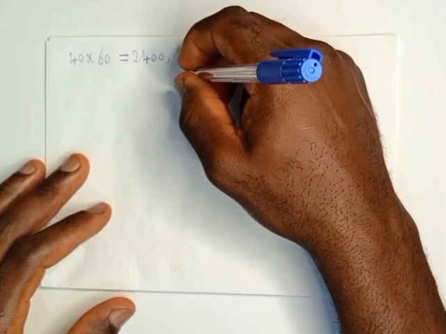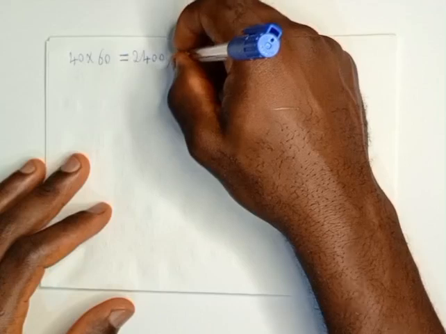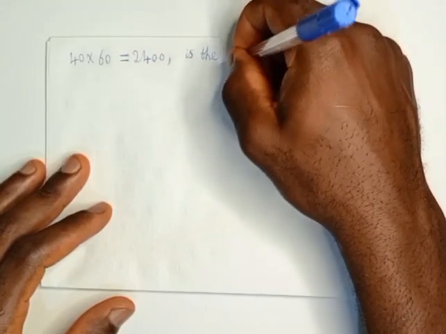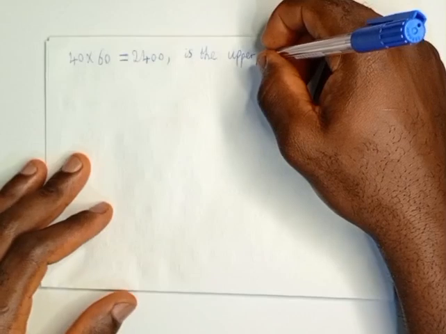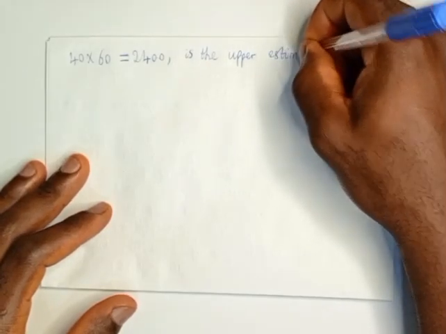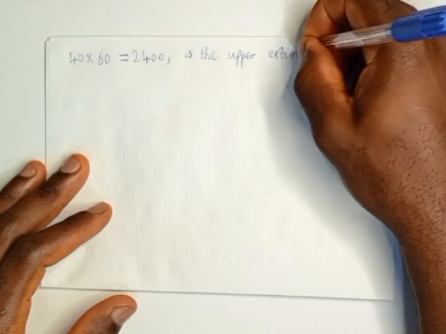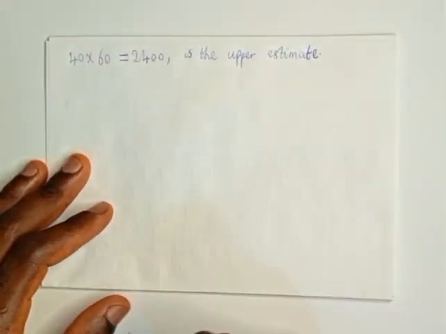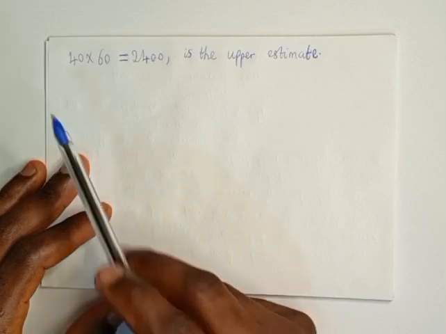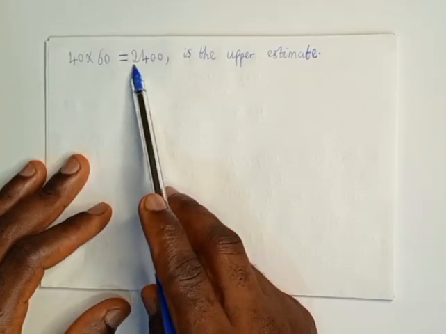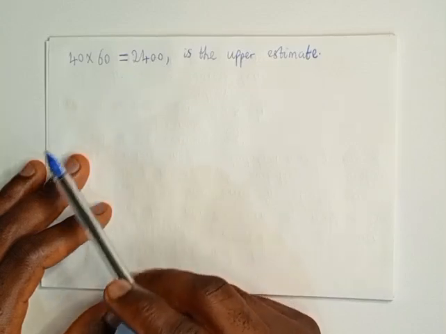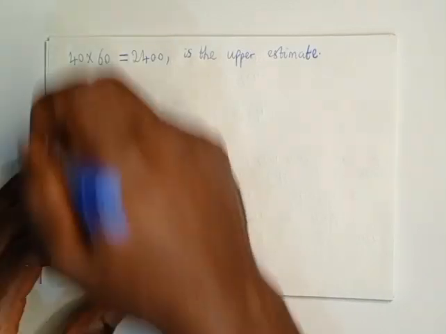And the answer 2400 is the upper estimate. That means the accurate answer cannot go above 2400.